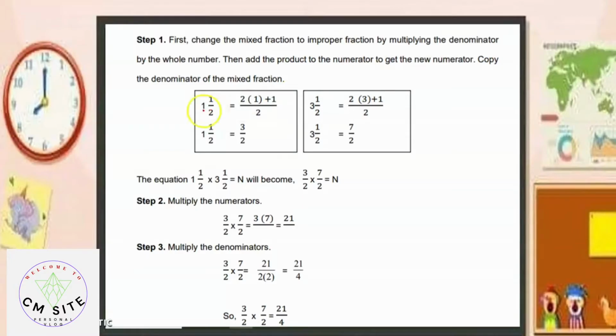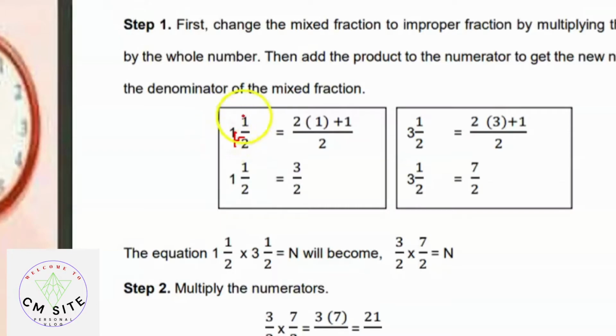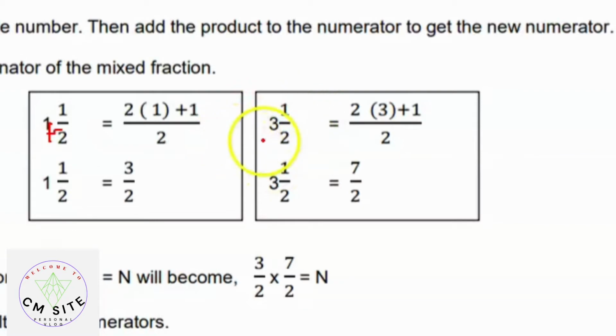Multiply the denominator by the whole number, and then the product, add to the numerator. So 2 times 1 is 2, plus 1 is 3. And copy the denominator. We need also to change this fraction into improper fraction. So 2 times 3 is 6, plus 1 is 7.